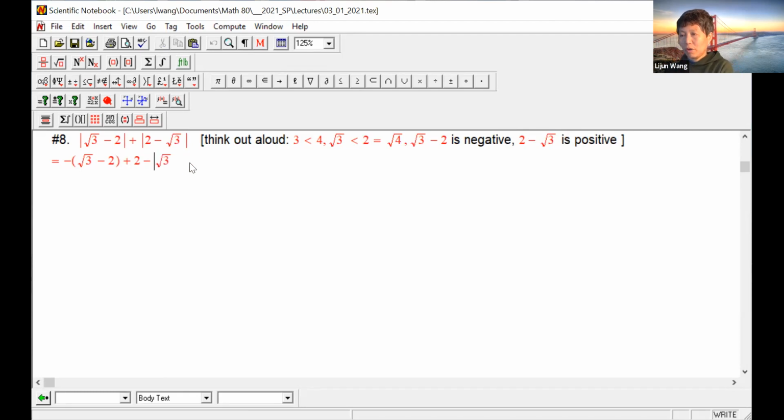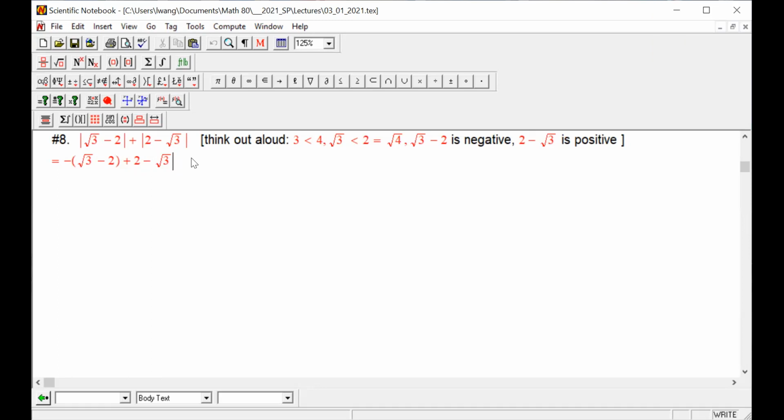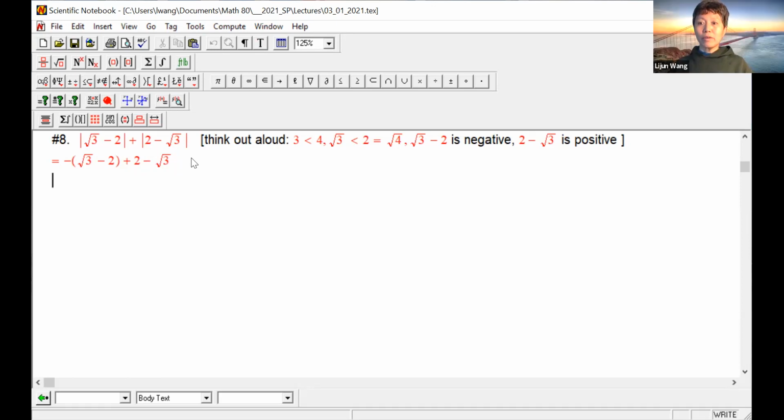Do you follow me? So that's how we get rid of the absolute value sign. All right, so now once the absolute value sign is gone, we can distribute the negative sign.